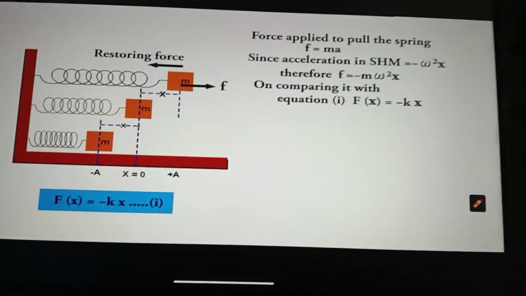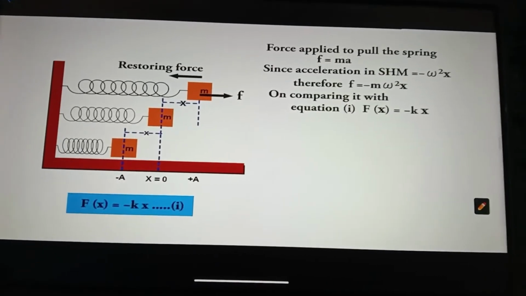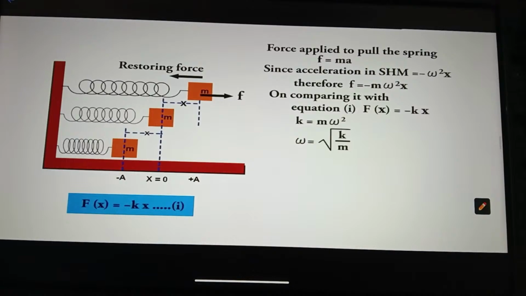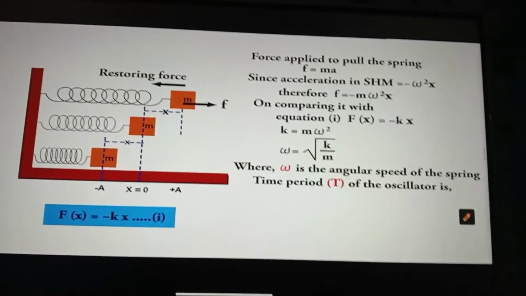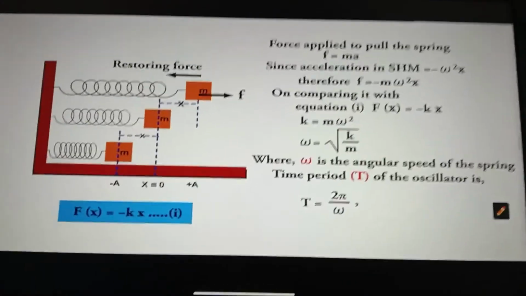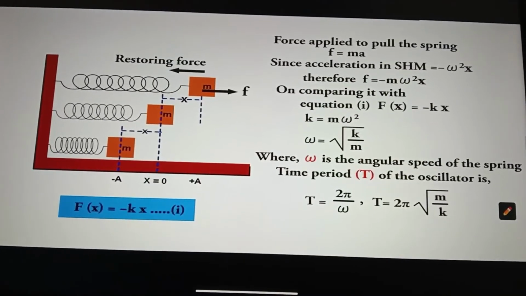On comparing it with equation 1, Fx is equal to minus kx, we get k is equal to m omega square. Omega is equal to root k upon m, where omega is the angular speed of the spring. Time period T of the oscillator is T is equal to 2 pi upon omega, or T is equal to 2 pi root m upon k.